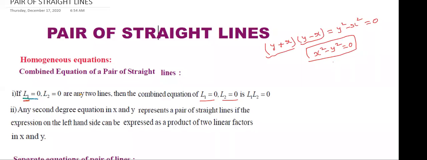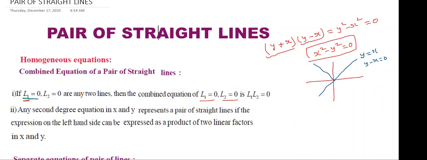See here, y plus x, y minus x. These two lines, are they passing through the origin or not? Y is equal to x, this is a line. That is, we can write y minus x is equal to 0.